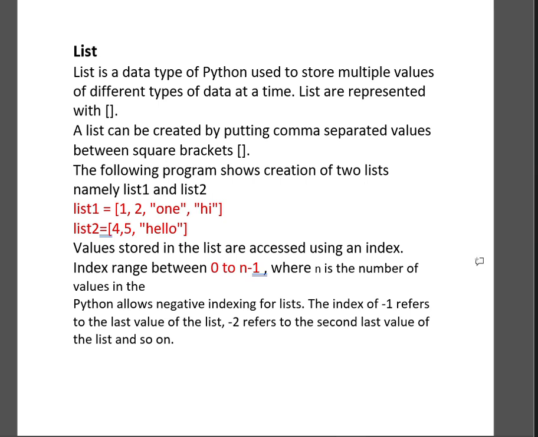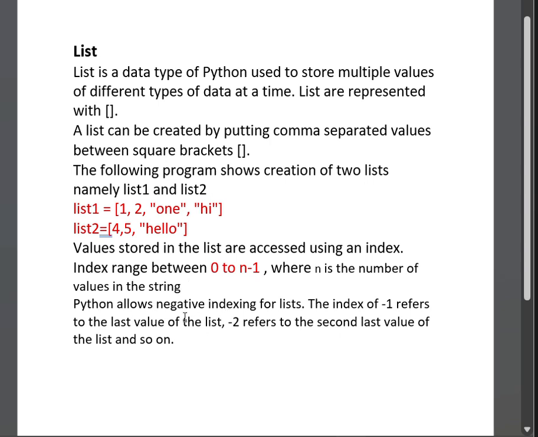Values stored in the list are accessed using an index. Indexing ranges from 0 to n minus 1 for positive indexes. For negative indexes, it starts from the last value of the list, that is minus 1, to the start of the list at minus n, where n is the number of values in the list.